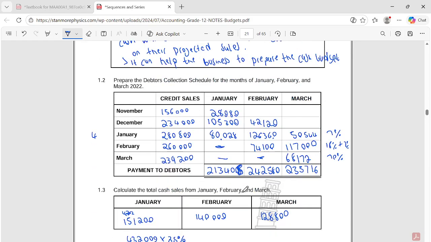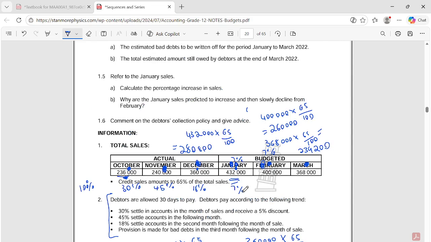Okay, so my collection is here. They're saying that debtors are allowed to pay for how many days? To pay for 30 days, right? And then they're saying that debtors pay according to the following trend, right? So 30% in the month of sale, and so on and so forth. That's how our debtors are allowed to pay, right?